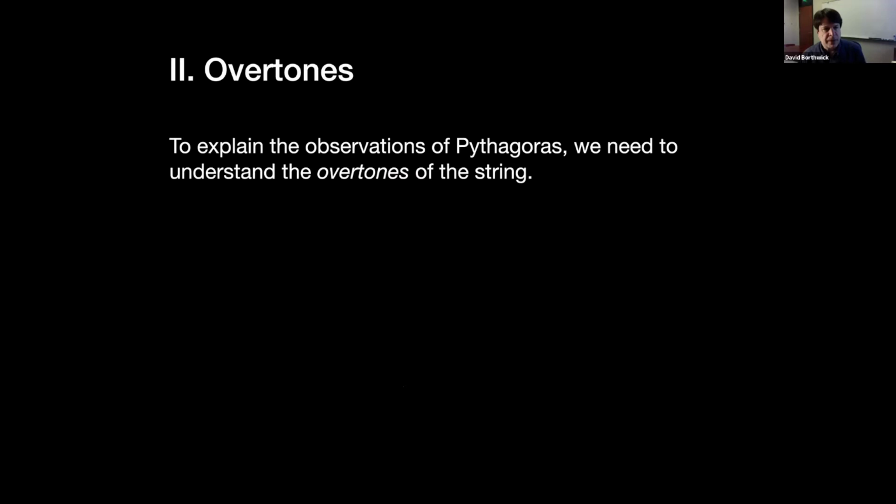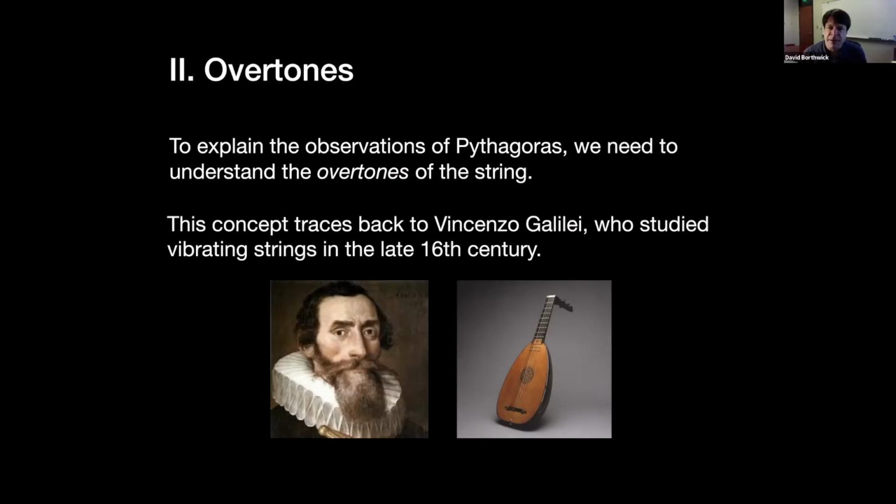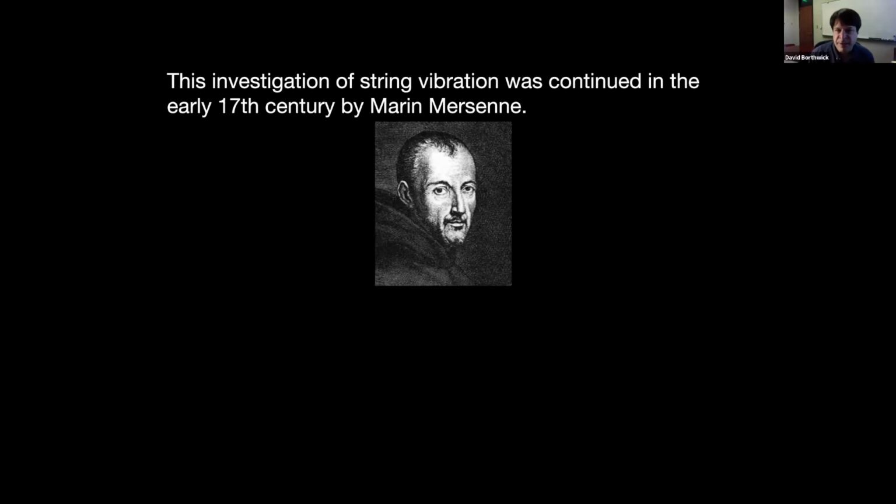So the concept of overtones traces back to Vincenzo Galilei, who was actually a famous lute player in the late 16th century. But he was also very scientifically minded, and he studied vibrating strings and tried to figure out their properties. And that work was carried on in the early 17th century by Mersenne.